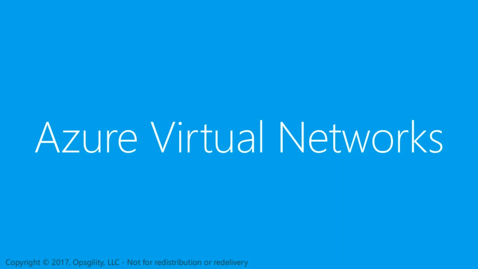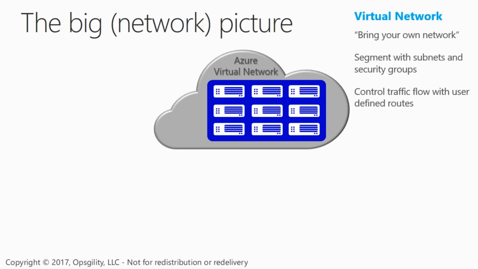So let's jump right in with this concept of Azure Virtual Networks. As I mentioned, they are the most fundamental thing that we talk about when we mention networking in Azure. An Azure Virtual Network is an isolation boundary. It's a private network.